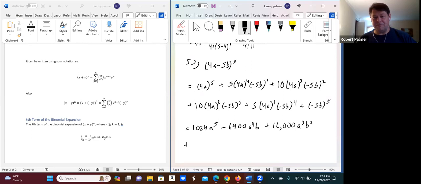Okay. So this time we're going to have 4 squared, which is 16, times 10. And then times negative 5. So actually this can be a negative. So negative 5 cubed, let's make this term here a negative, not a positive. And that's going to be times 5 cubed, which is 125.